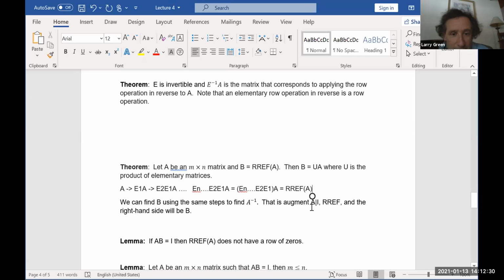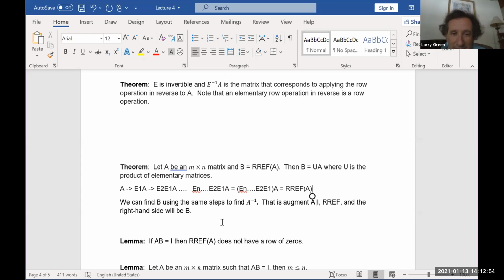Okay, so you can find B by using the same steps as you found A inverse if you want to. By the way, that'll always work. In other words, you augment A with the identity, you RREF, and the right-hand side will be B. So there's nothing new here except the question. Before the question was find A inverse, right?